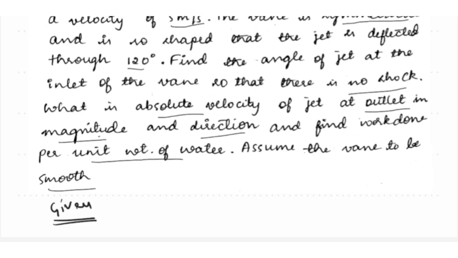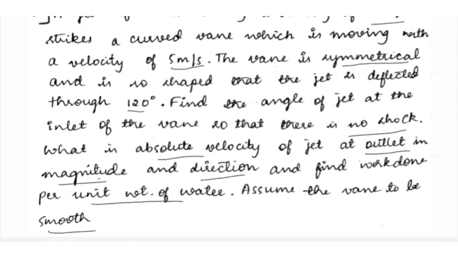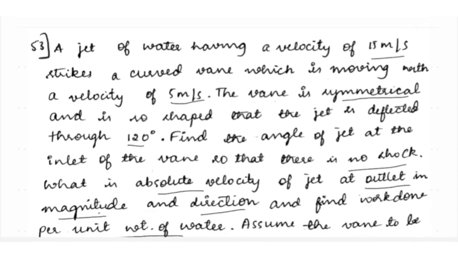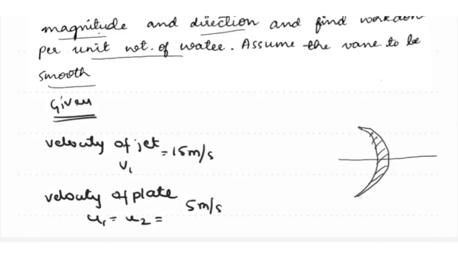So we have to draw the velocity triangle. So let us draw the velocity triangle. So here jet gets deflected by an angle of 120 degree. So that is how we have to draw it, like this, and in the outlet part also we have to draw. So this angle is given as 120 degree.